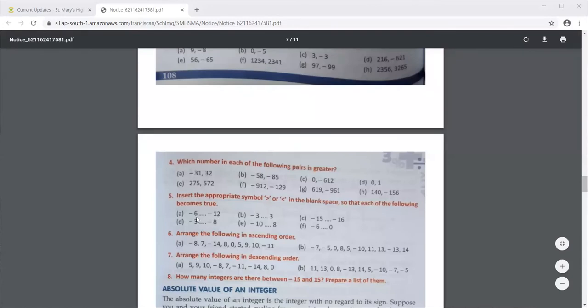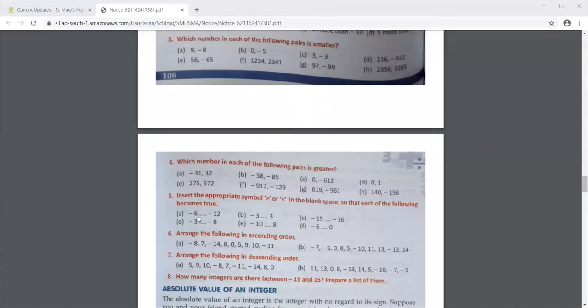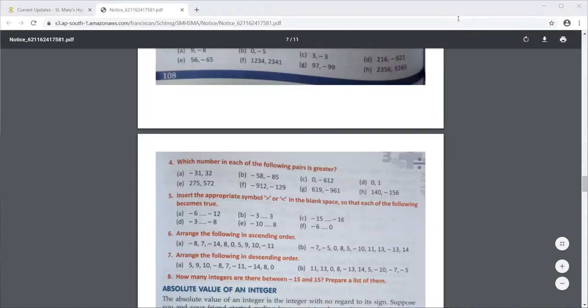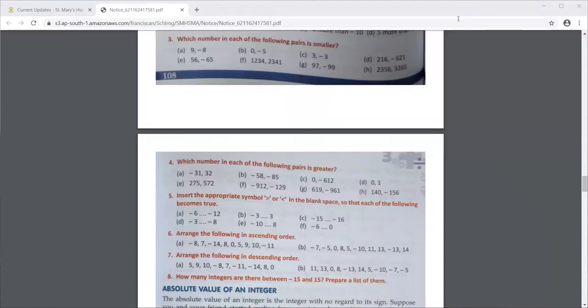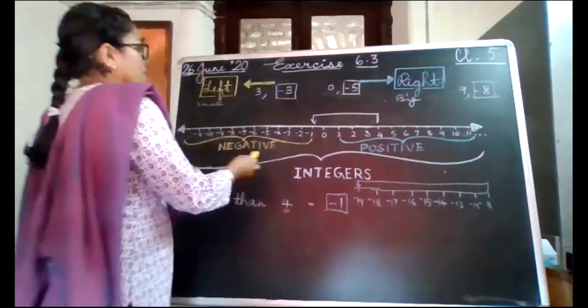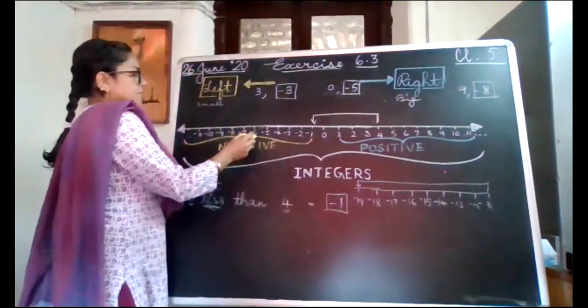So if you think of the number line, you know that minus 6 comes before minus 12. Okay, means minus 6 is on the right side and minus 12 will be on the left side. Let me show it to you. So in the number line, we are talking about minus 6 and minus 12.